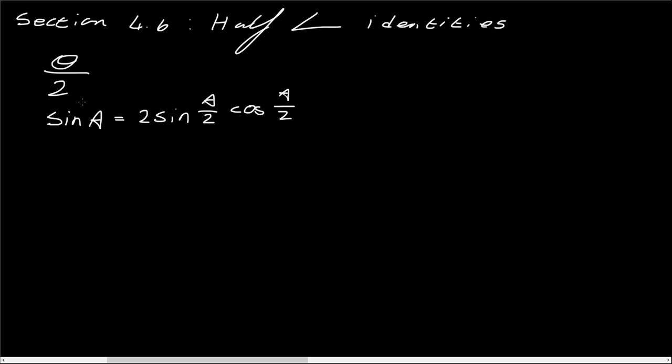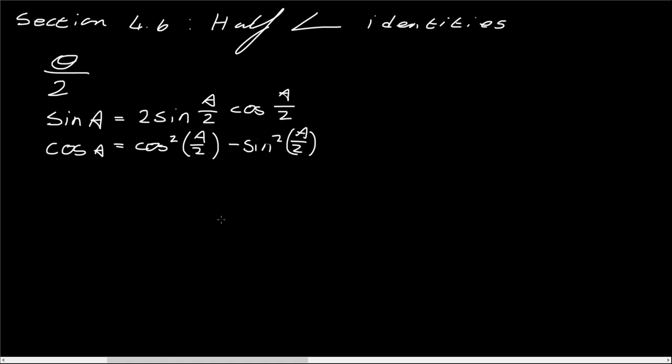And cos A is equal to cos squared A over 2 minus sine squared A over 2.